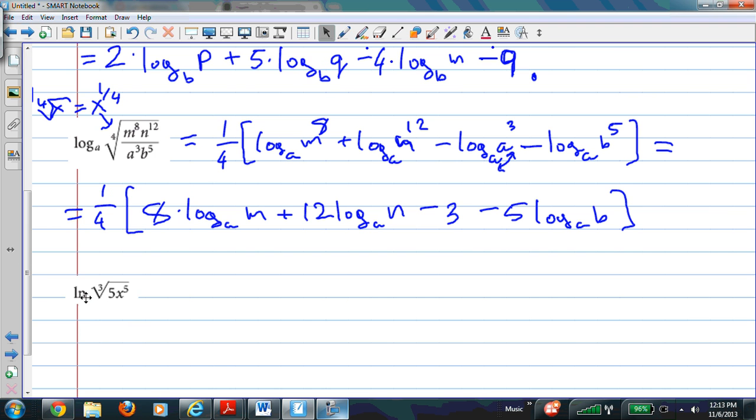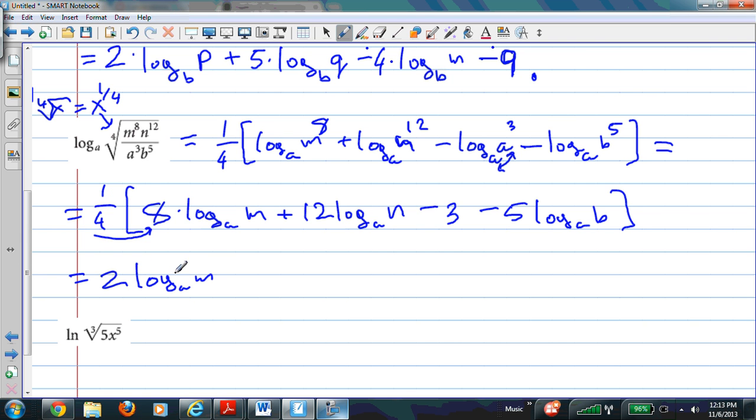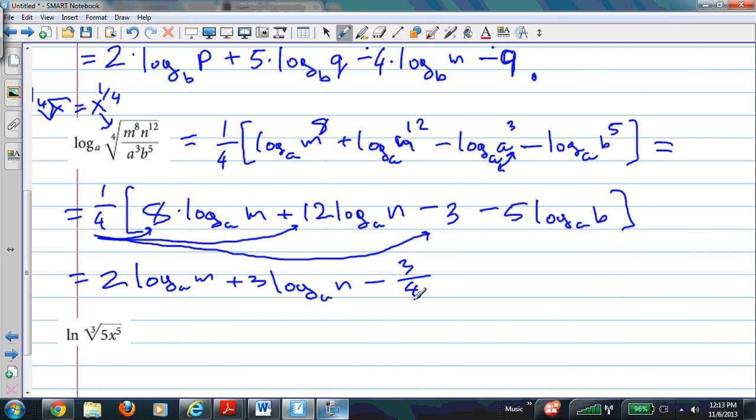We can distribute the 1/4. If we do that, 1/4 times 8 is just 2, so that's 2 log base a of m. 1/4 times 12 is 3, so plus 3 log base a of n minus 1/4 times 3 is negative 3/4, and 1/4 times 5 is negative 5/4 log base a of b.